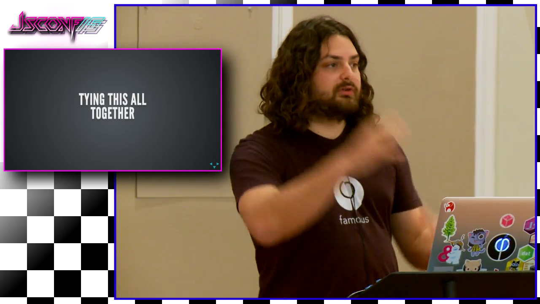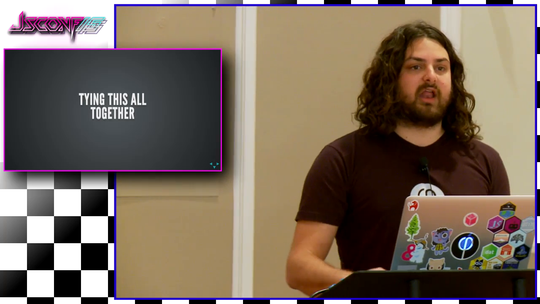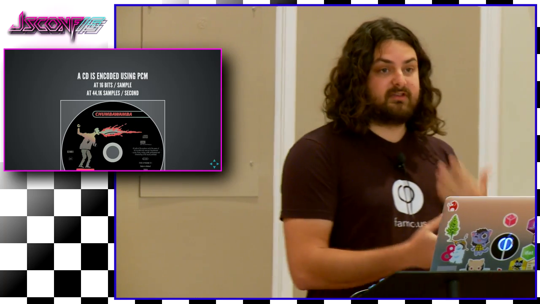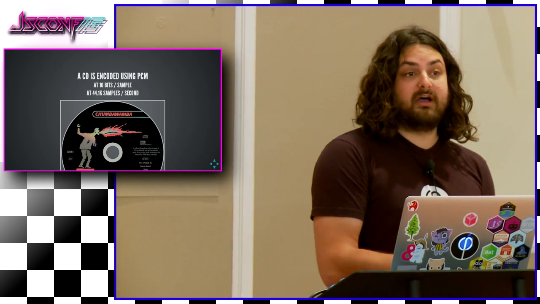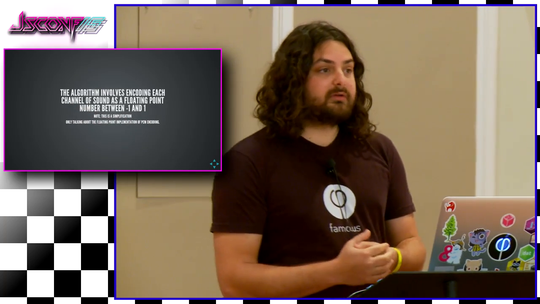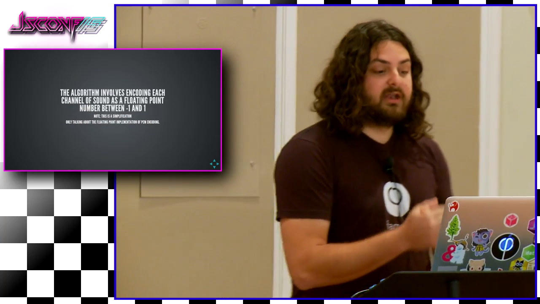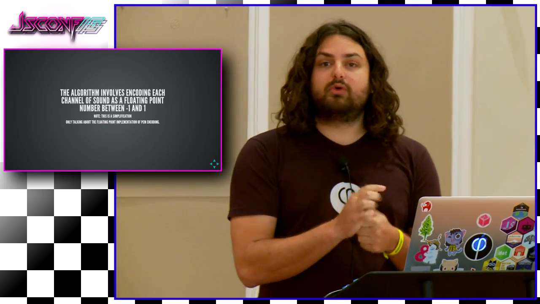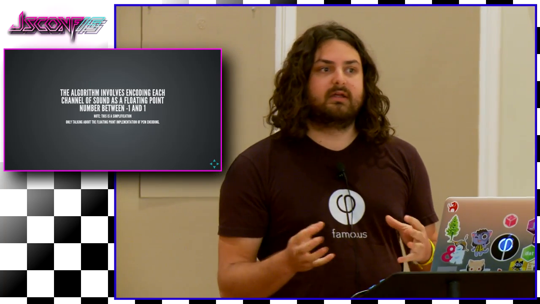So let's tie all of those things together and figure out how this works. We'll start by talking about a CD. A CD is encoded using PCM at 16 bits per sample at 44,100 samples per second. The algorithm is called PCM, and it involves basically taking each channel and encoding it as a floating point number between -1 and 1.